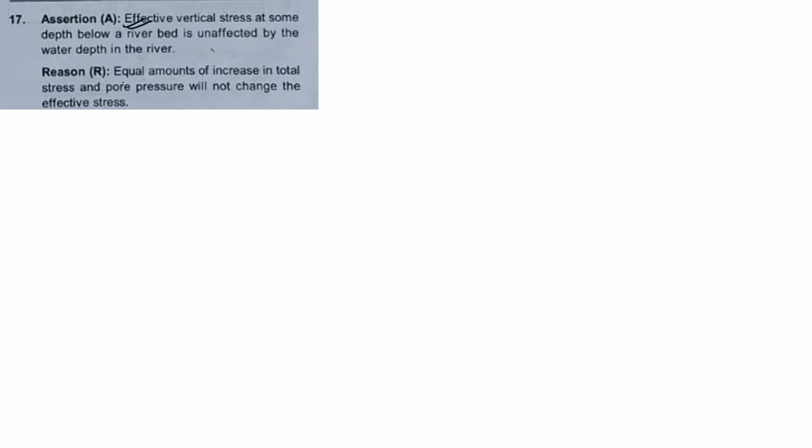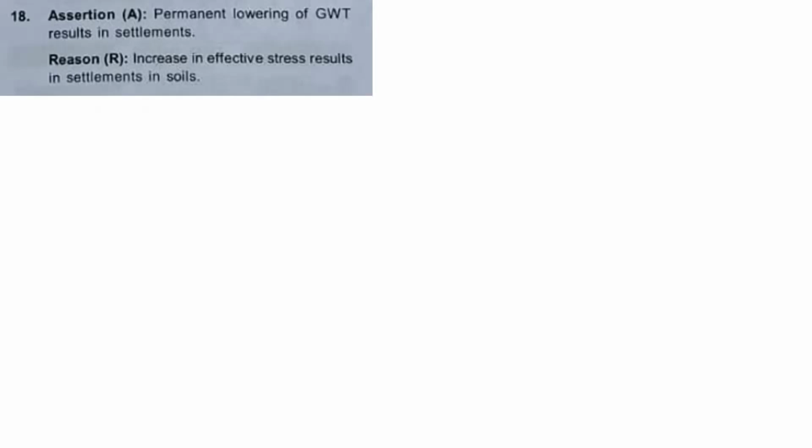The second statement, the reason, is that an equal amount of increase in total stress and pore water pressure will not change the effective stress. Yes, this statement is correct, and this is the explanation of the assertion. So option A will be the answer. Question number 17 is done. Now question number 18.